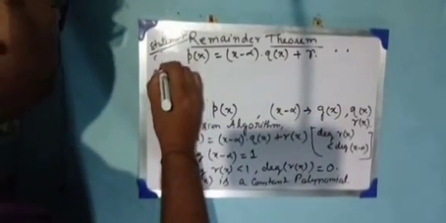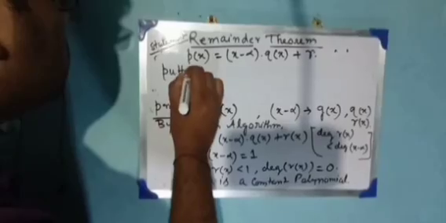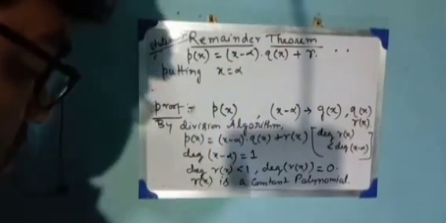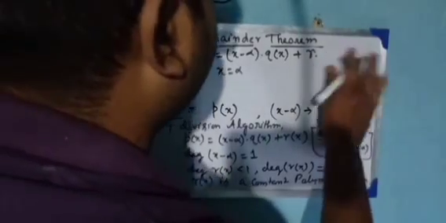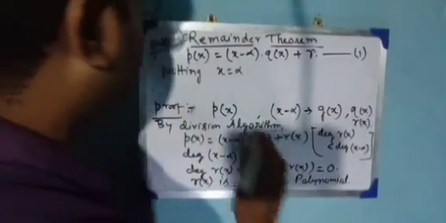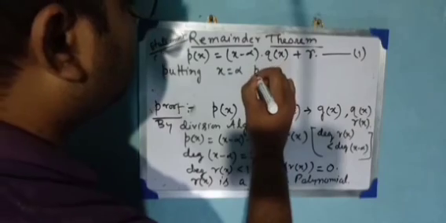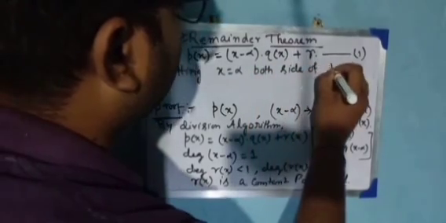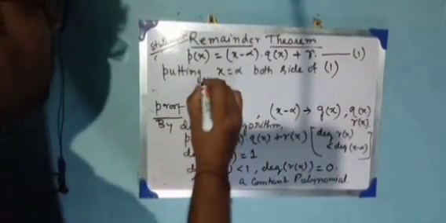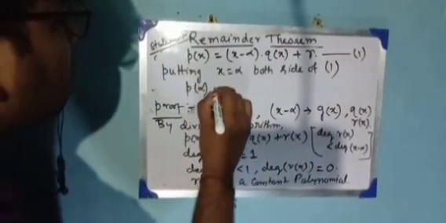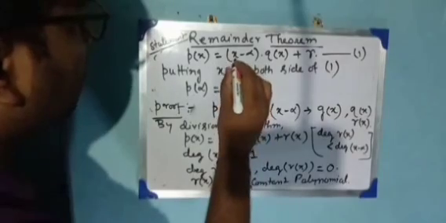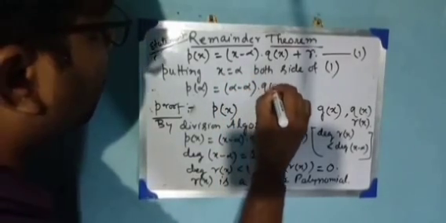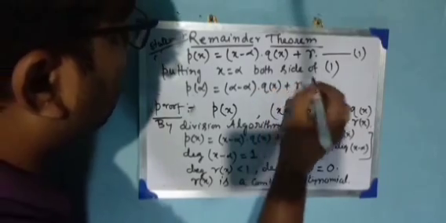Now putting x equal to alpha on both sides of equation 1, we get P(alpha) equals alpha minus alpha into q(alpha) plus r.